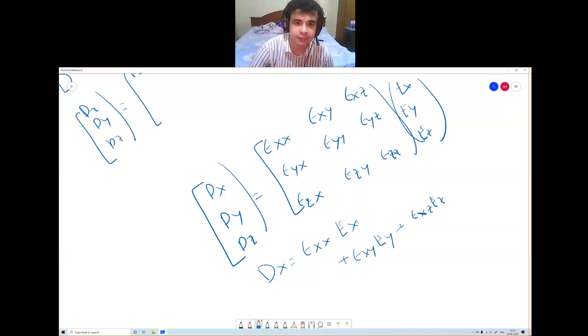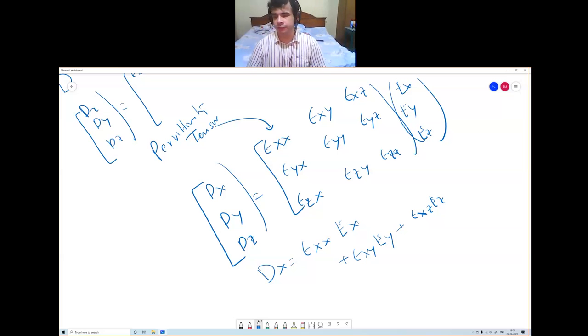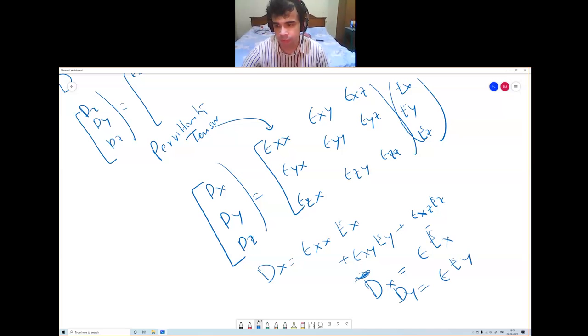And this is called the permittivity tensor. This is a tensor quantity. It's neither a scalar nor a vector. But we don't have to worry about that. We can simply write Dx equal to epsilon Ex, Dy equal to epsilon Ey, Dz equal to epsilon Ez.